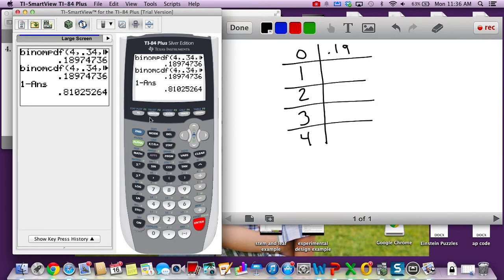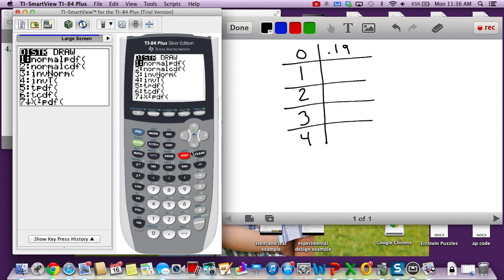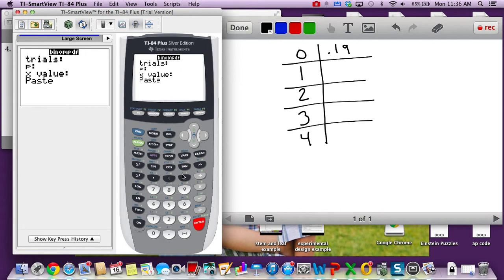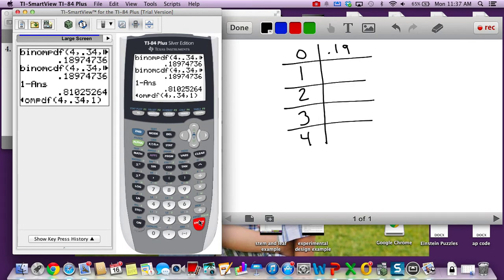Now I'm going to go in and find the chance of 1 household. Again, our trials are 4. Our probability is 0.34. And we're looking at 1 household now, and that's 0.39.